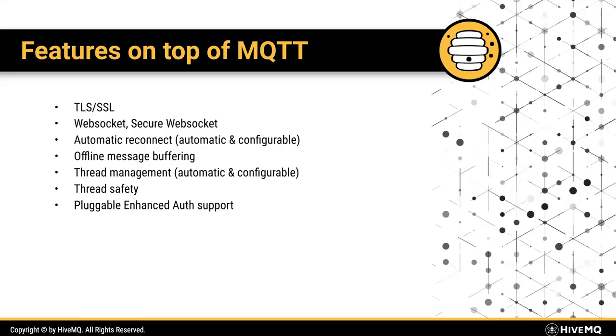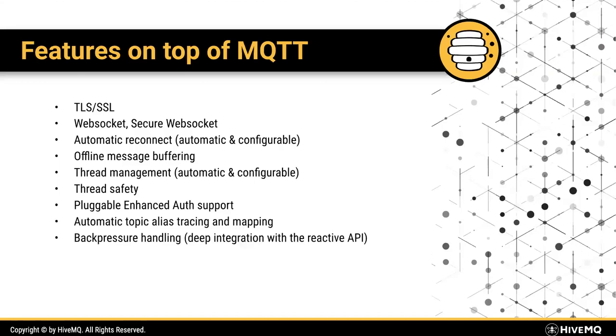We have pluggable authentication support so that you can write your own authentication mechanism and authenticate your clients. And we have a lot of features. The most important one is back pressure handling, because it really is an important part for enterprise systems, that they are stable and resilient, and back pressure really helps there.